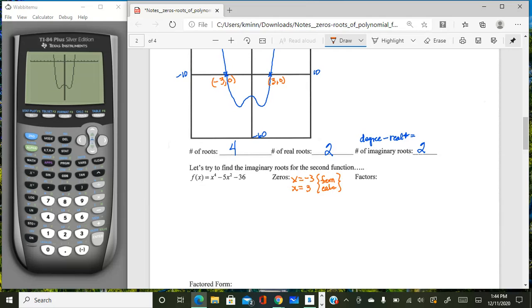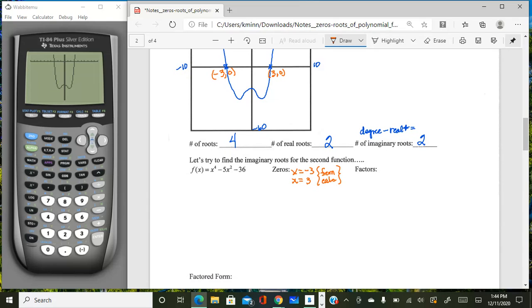The remaining 2 zeros we are going to find, but we are going to find those by using some synthetic division. The factors created from x equals 3 and x equals negative 3 are x plus 3 and x minus 3.